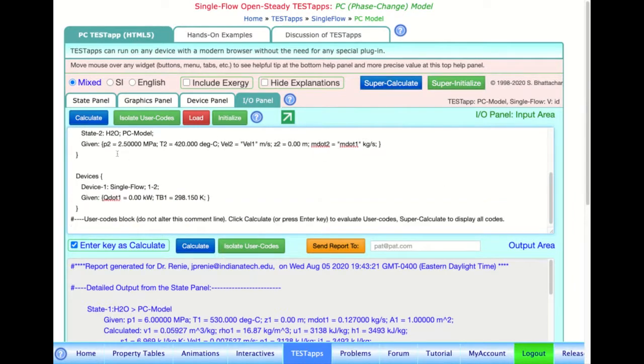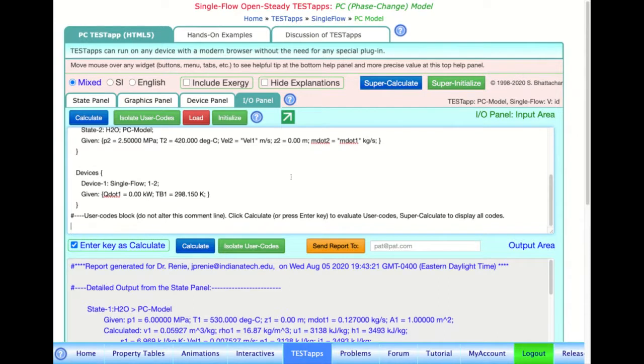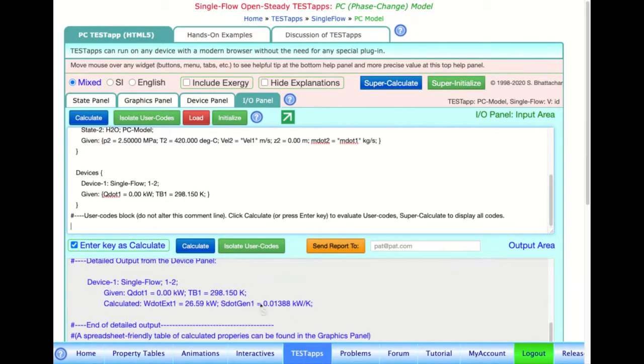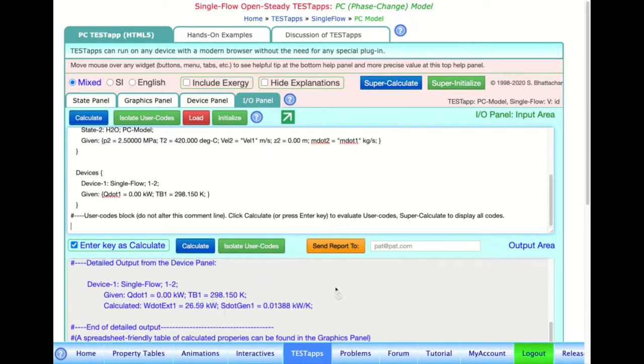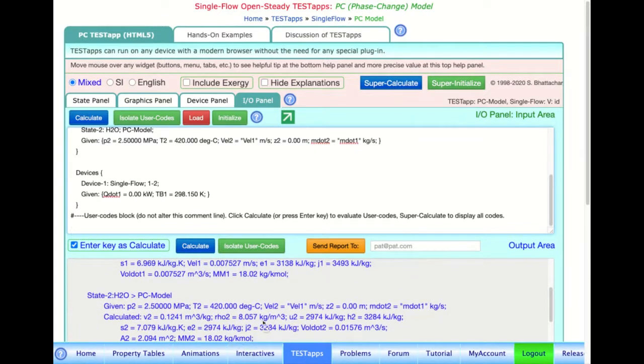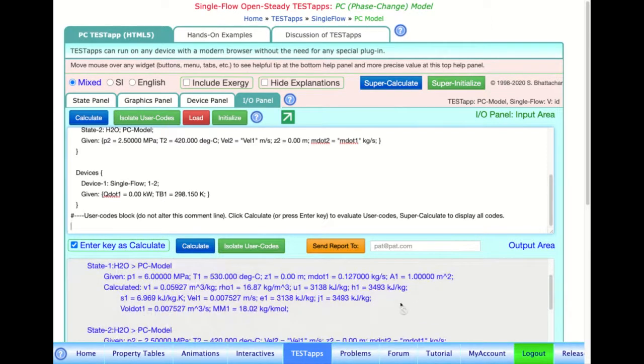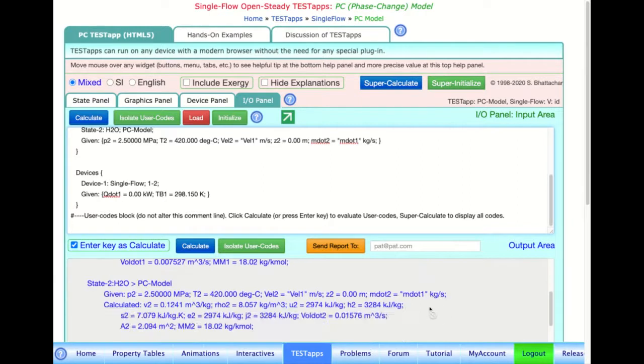It also tells you what you did for the devices. And with that information, it then generated the output. And the output was the magnitude of the work being done. And again, the ratio of the two areas would be obtained from the two areas associated with this particular system. So we had assigned this area A1 as 1, and area 2 was calculated down here as 2.094.